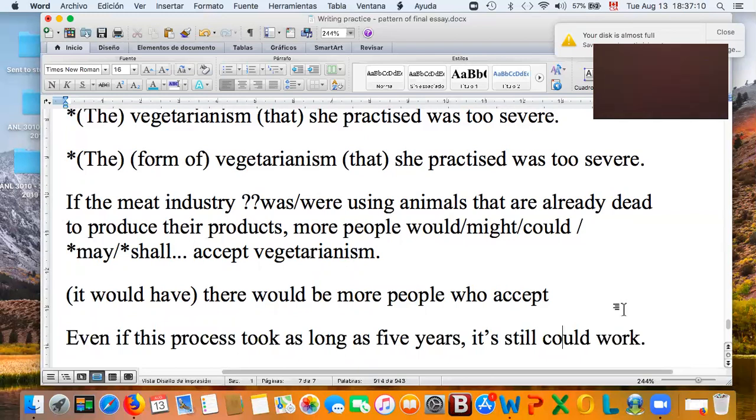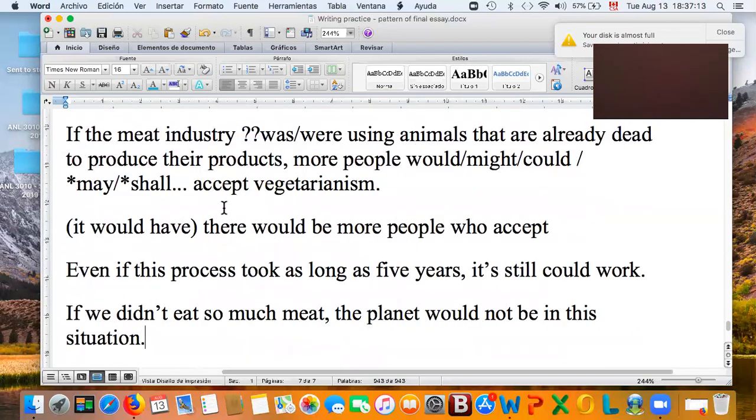All right, let's finish this off. I don't know how this works. If people were using animals that are already dead, yeah, that's true. People would be happy. They would be happy to switch to vegetarianism.